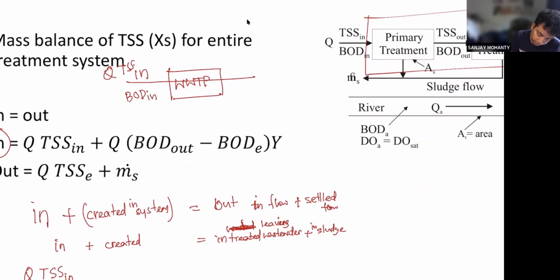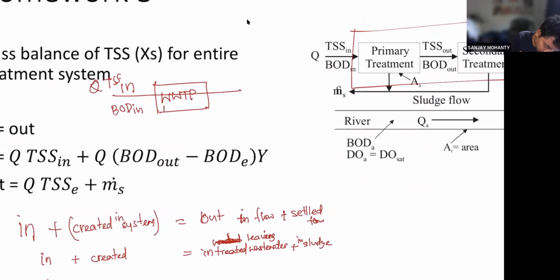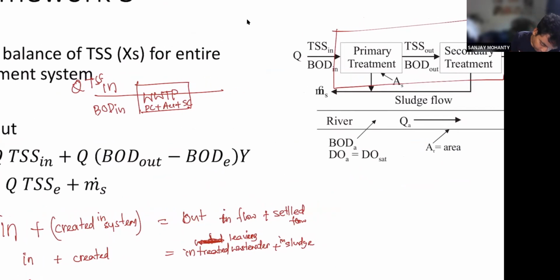This includes the primary clarifier plus aeration plus secondary clarifier, all three together. And then you have one unit leaving the system, which is the treated wastewater.